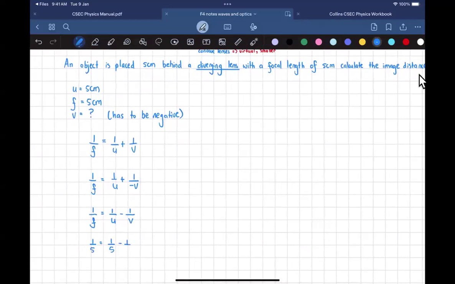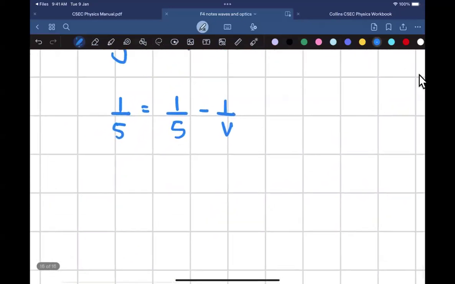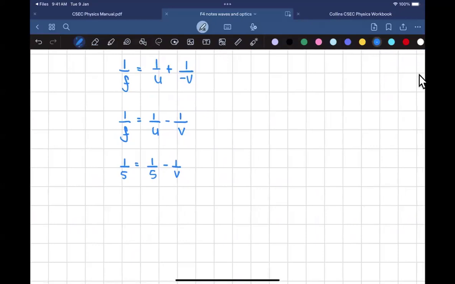No. So how would I find it? Are you going to run into something weird then? You would end up with 1 over 5 minus 1 over 5, which is 0. That's weird.